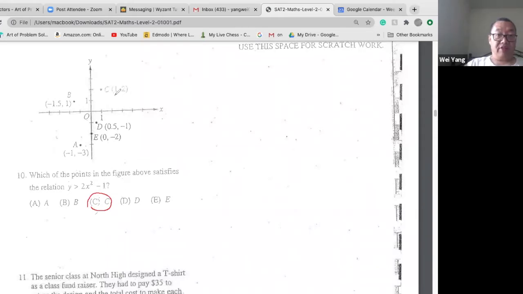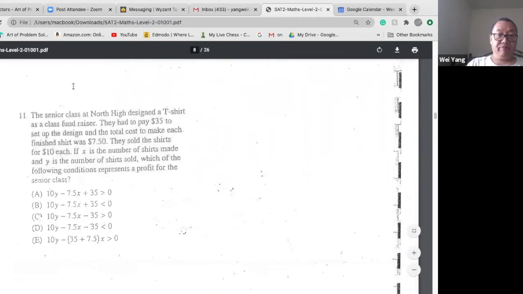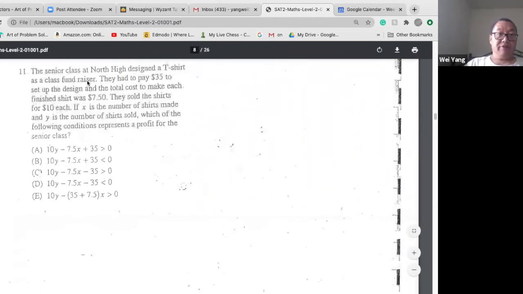Now let's check C. C, x equals 1. 2x squared will be 2 times 1, that's 2, minus 1, get a 1. y is 2. Yes, you're right. This one's correct. Now let's go to 11. What's your answer for 11? C. C.